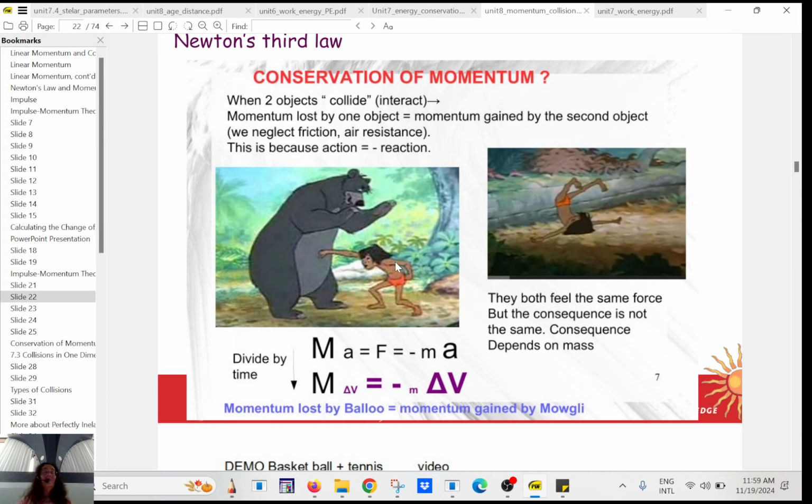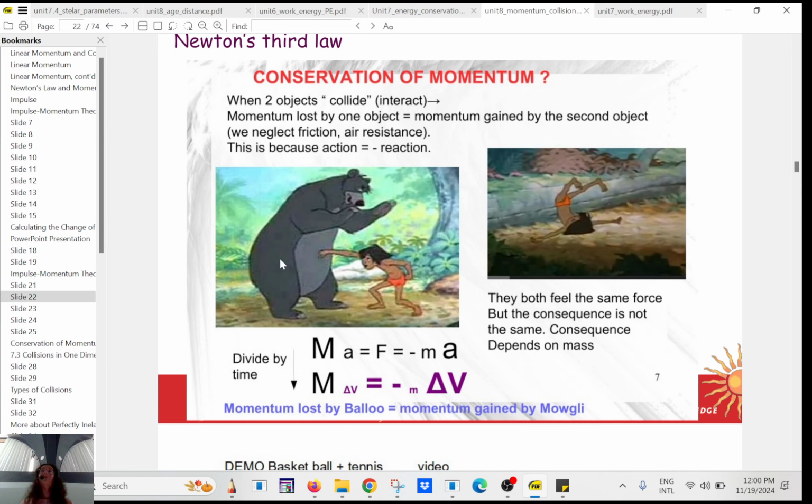So the force here will be the same, and even though Baloo does not want to punch him, he will still be punched. If Mowgli is punching Baloo with 1 pound, he's going to be punched with 1 pound. The force is the same, but not the consequence, because F equals ma. For a small mass, obviously it doesn't have any fat, you need to go keto, it will have a huge acceleration.